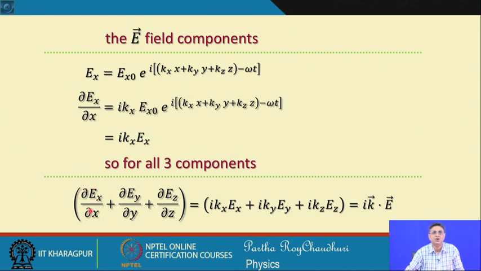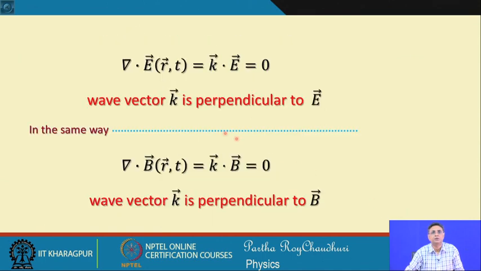Therefore, ∂B_x/∂x + ∂B_y/∂y + ∂B_z/∂z will be equal to i k_x B_x + i k_y B_y + i k_z B_z, which is i k·B. Since ∇·B is equal to 0, k·B is also equal to 0, which leads to the conclusion that the wave vector k is perpendicular to B. So, we have achieved two relations: k is perpendicular to E and k is also perpendicular to B.